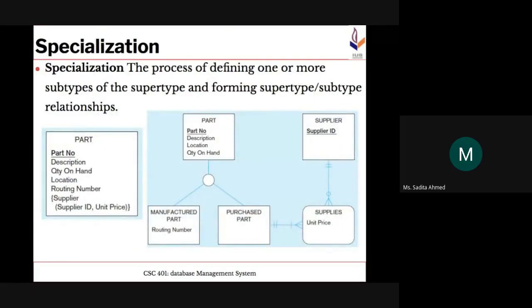Okay. Now, what is the process of specialization? The opposite of generalization. Simply the opposite of generalization. If you have in your hands an entity, like this one here, part, where some attributes will always have a value, while some of the other attributes will be null for some instances based on what type of instance that is.